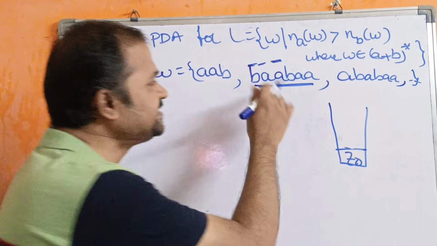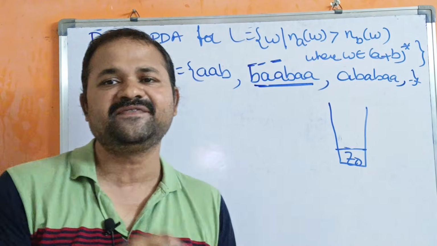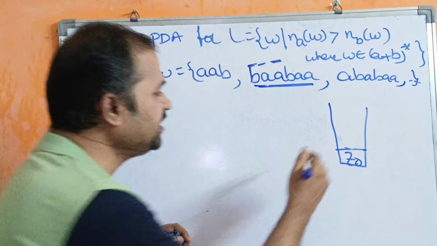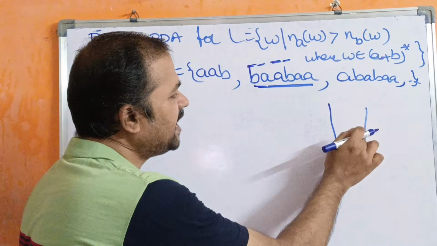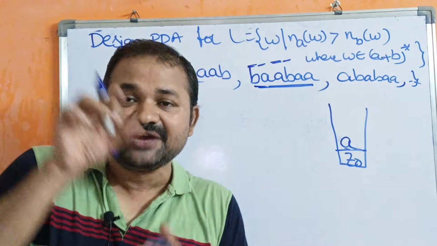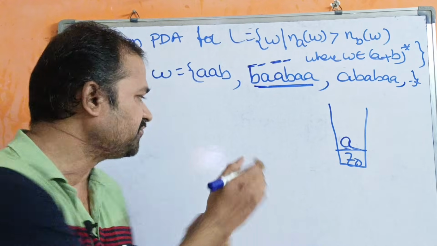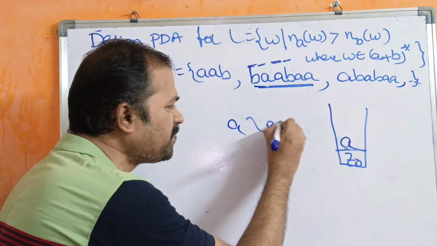Next input symbol is A, and the stack is empty. If the stack is empty, irrespective of the symbol, we need to push. So push A. Next symbol is B, and the stack's topmost symbol is A. If the symbols are different, that is, the input symbol is A and the stack's topmost symbol is B, then pop.